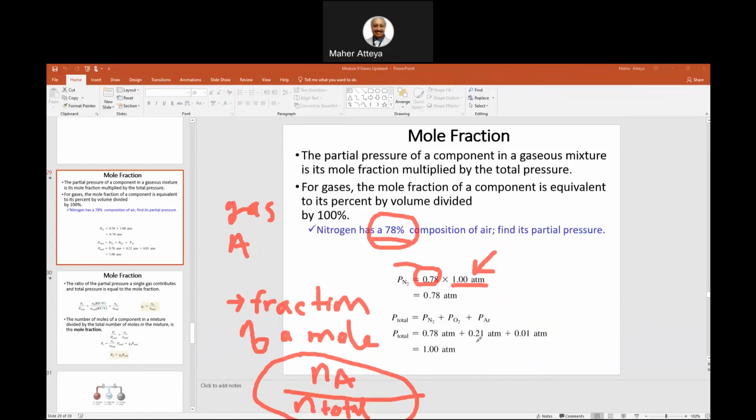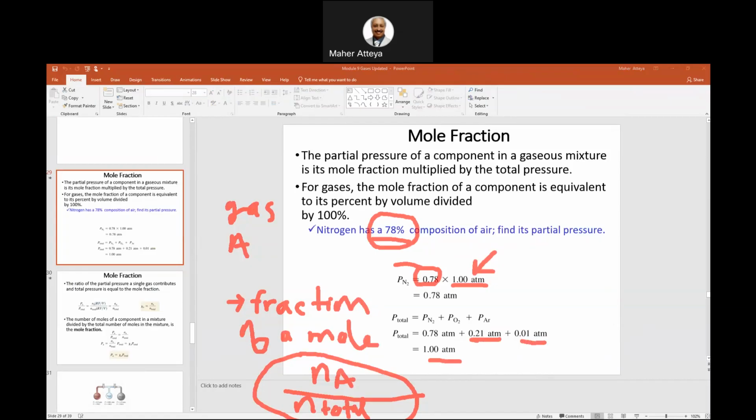So oxygen is 21%, nitrogen is 78%, each multiplied by 1 atm. And the rest is 0.01, whatever gas is inside the air, like carbon dioxide and halogens, correct? So if you add them up, it will come to 1 atm.